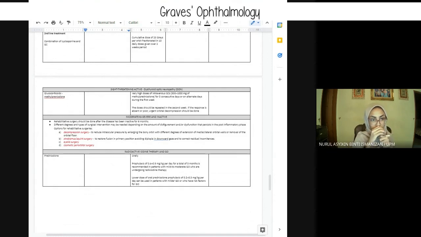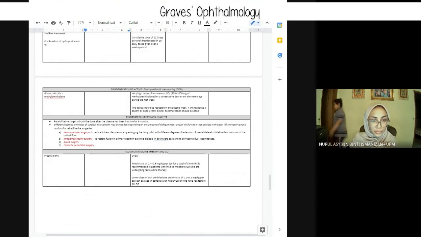And the last but not least is radioactive iodine therapy and GO, which is indicated for patients who have GO and undergo radioiodine therapy, so they will need to be prescribed prednisolone, orally as prophylaxis at 0.5 milligram per kilogram per day for a total of 3 months, which is recommended in patients with mild to moderate GO who undergo radioiodine therapy.